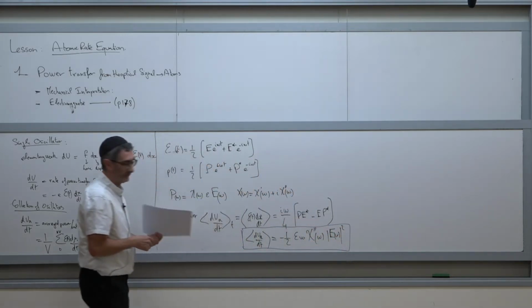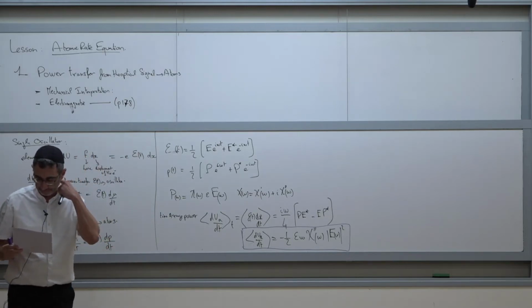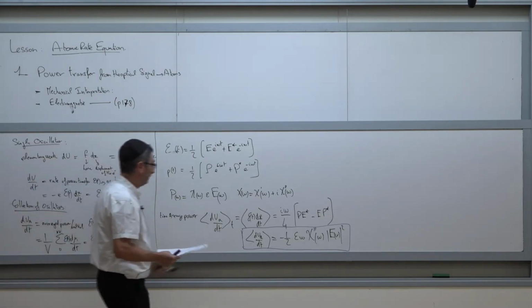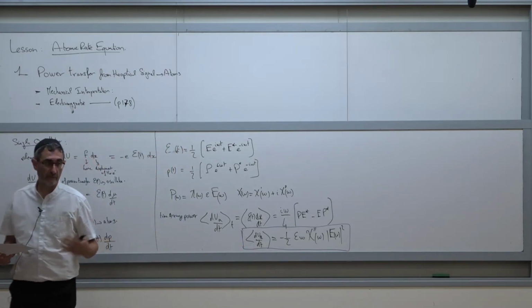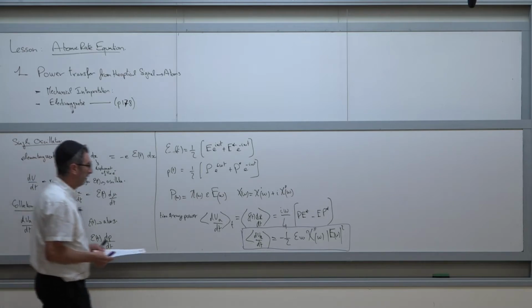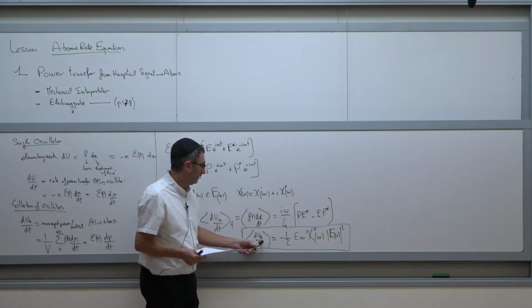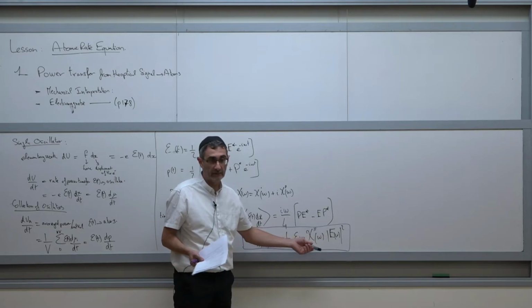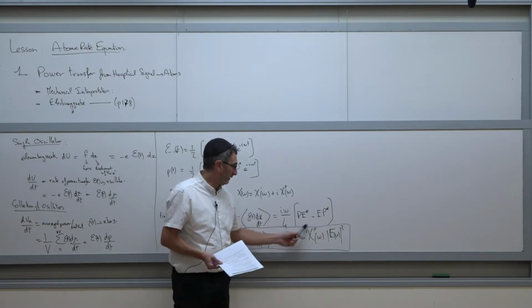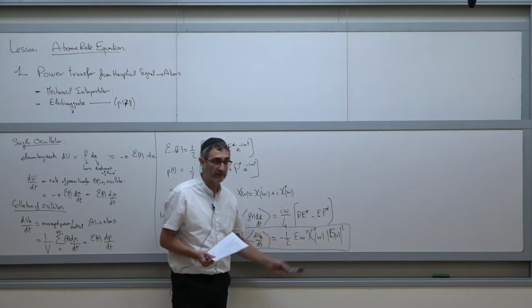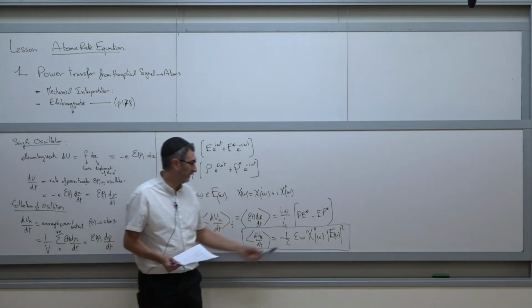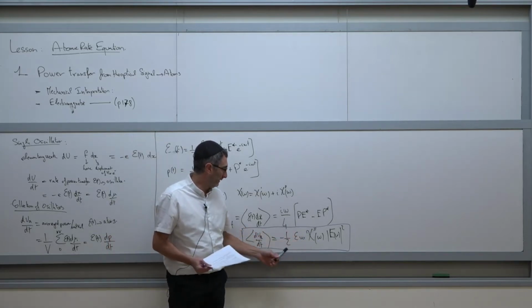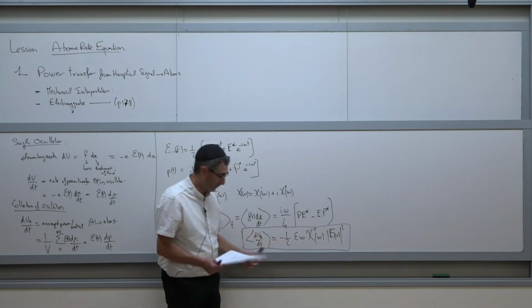So what do you see here? You see that the average power which is transferred by the field, the incident field, into the system is proportional to the intensity of the field, that's for sure. And it's proportional to the imaginary part of chi, of the susceptibility. So you remember this Lorentzian shape, the imaginary part times epsilon and omega.